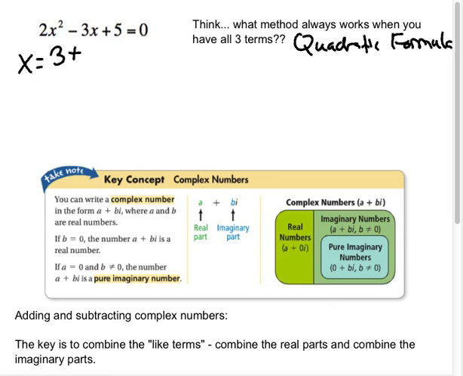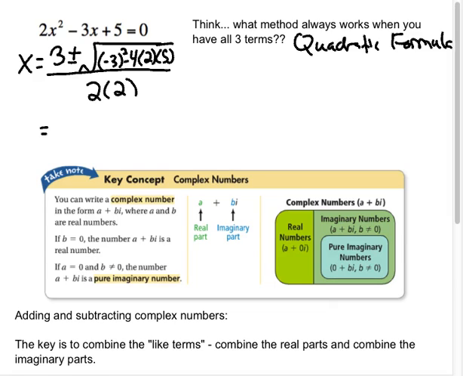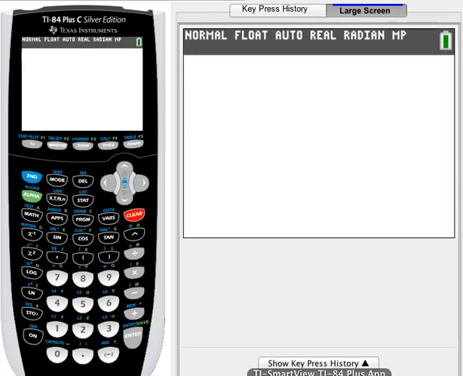Negative b plus or minus the square root of b squared minus 4 times a times c, all over 2 times a. And remember, we do want to make sure to simplify this radical first. So that piece that's inside the radical, let's type that into our calculator.